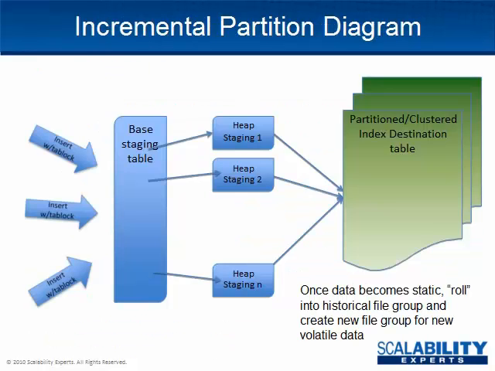So here again, I've got my base staging table. I've got my heap tables that map, and I've got my partitioned clustered index destination tables. So I'm going to load my base staging table. I can do this in parallel. I'm going to load my heap staging tables, and now I'm only going to switch into the active partition of my destination.